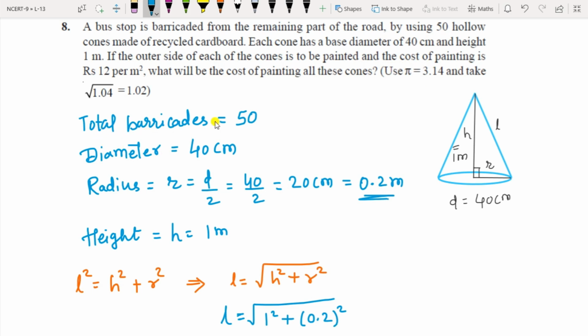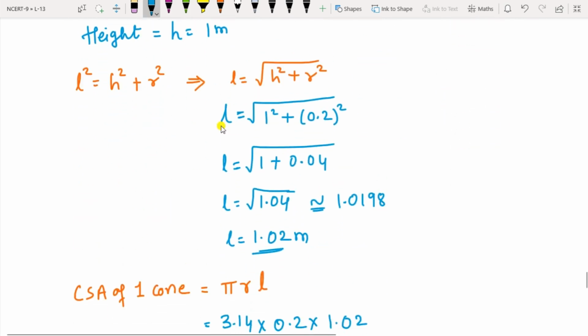So 50 cones are there. Diameter is 40, so radius will be 20 centimeter. Converting to meter, since height is in meter, height equal to 1 meter, so radius is 0.2 meter. You need to find L here. So L equal to under root of h square plus r square. H is 1, r is 0.2. Substitute the values, find the square.